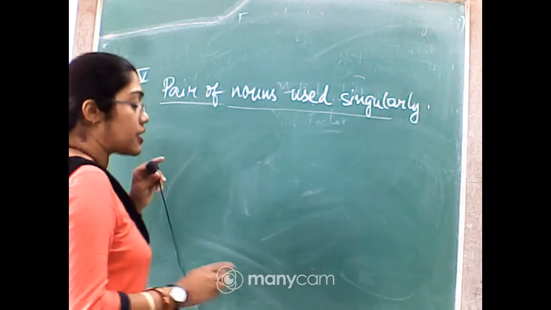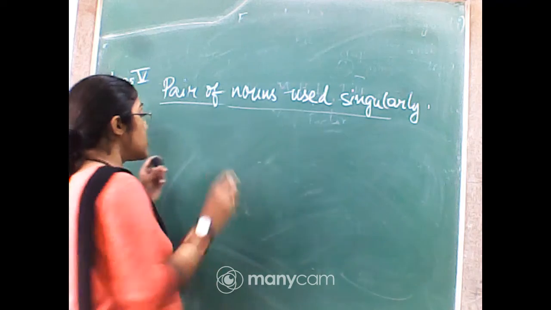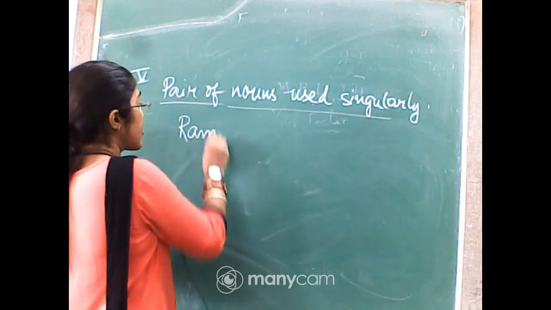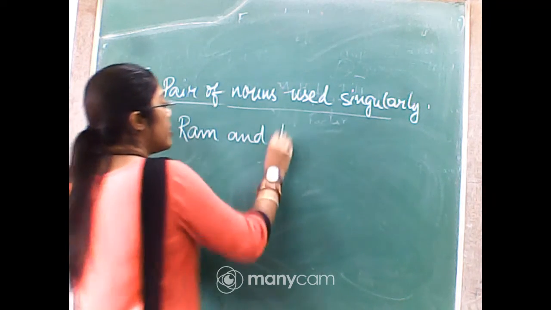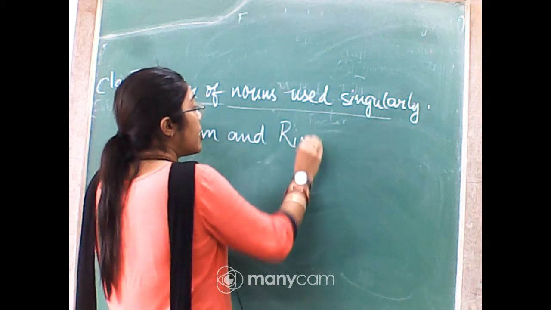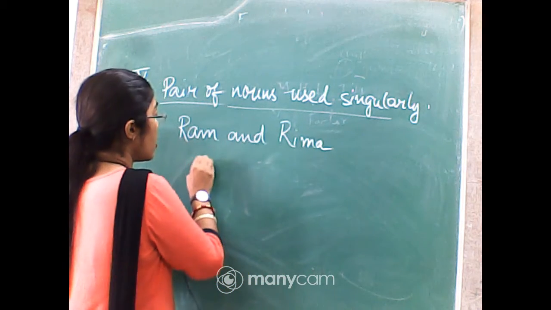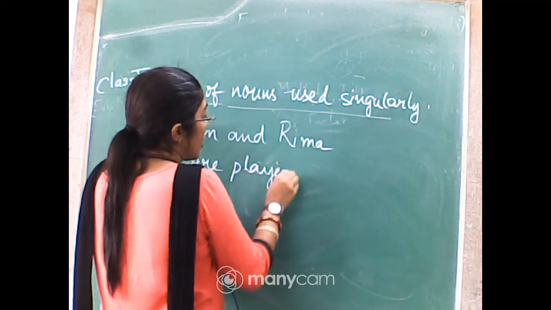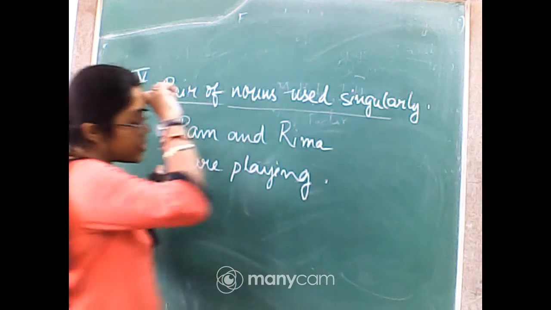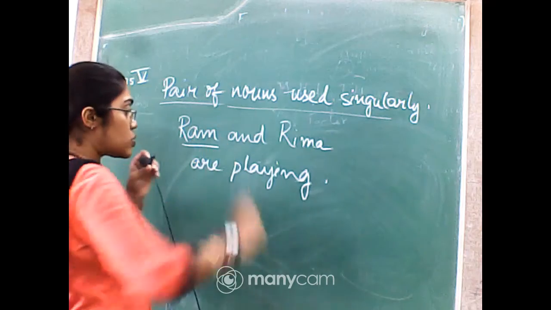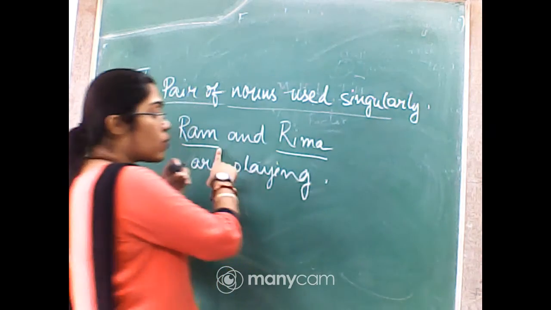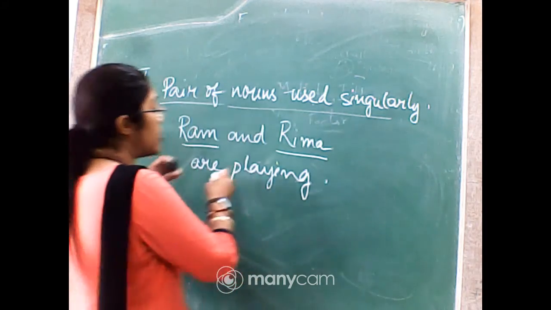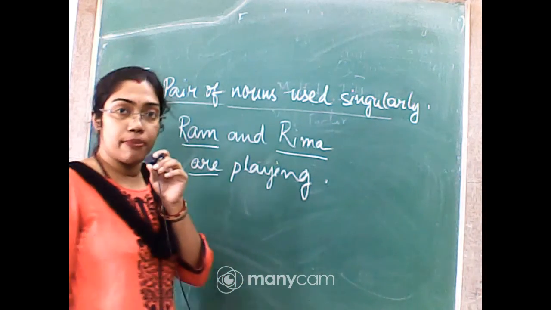See, as I have explained to you, I'm using two nouns using and, like Ram and Rima are playing. Here Ram is one noun, Rima is another noun. 1 plus 1 is becoming 2. 2 means plural. Therefore I am using a plural verb are.